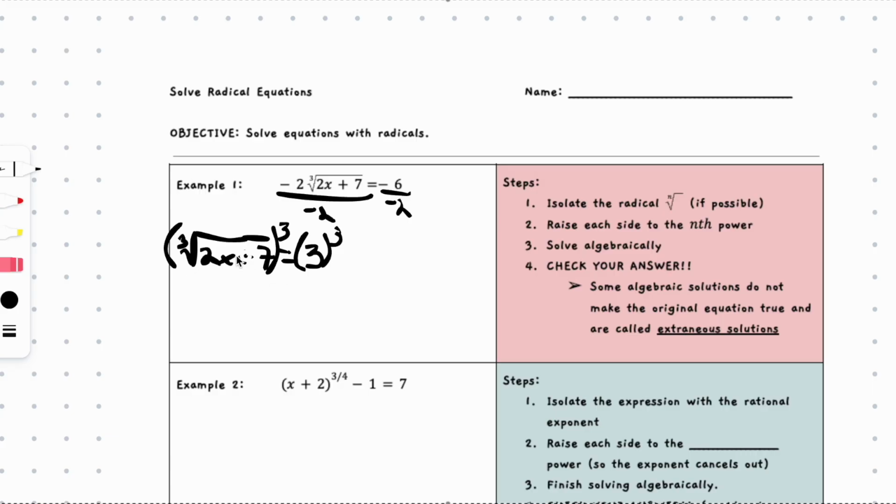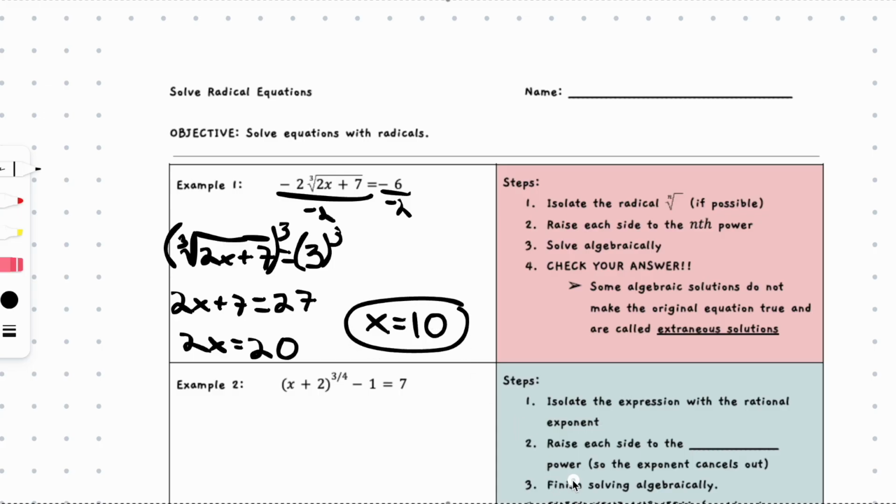So by raising it to the third power, we get 2x plus 7 equals, and 3 to the third power is 27. Now we can subtract 7 from both sides, and we get 2x equals 20. Then we divide both sides by 2 to get x equals 10. And that's how we solve a radical equation.